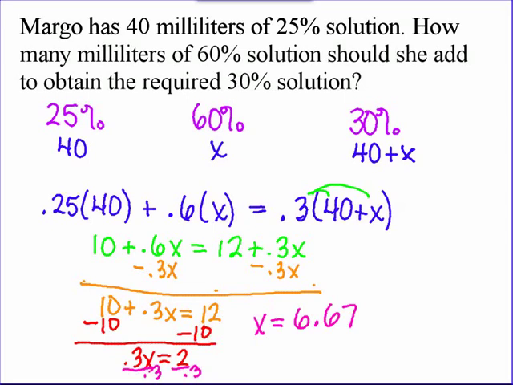We could do 6.6 repeating, but this is good. Let's see what the question says. How many milliliters of 60% solution should she add? 6.67 milliliters, abbreviated with a little m and a big L. Otherwise, you could write out milliliters.